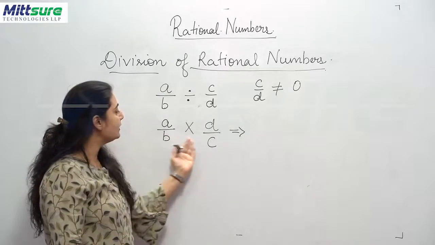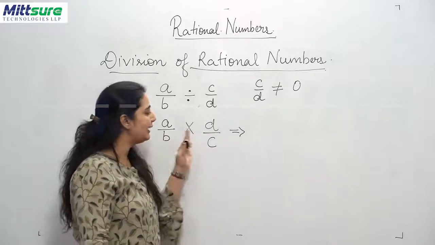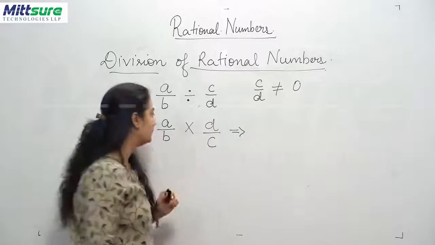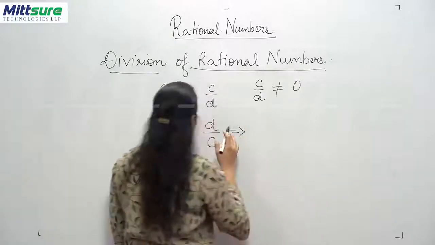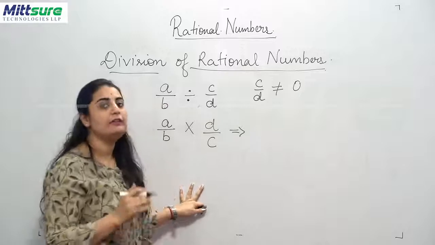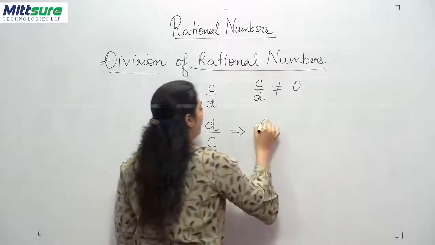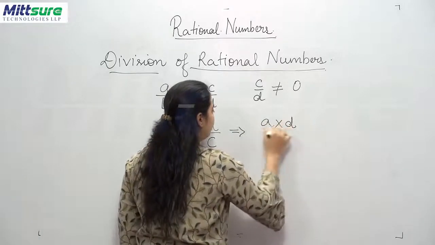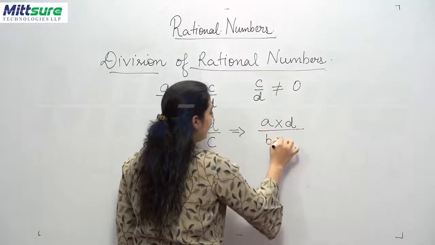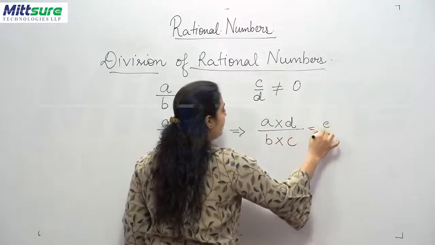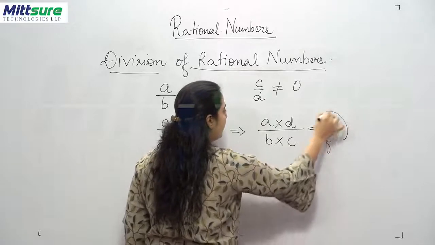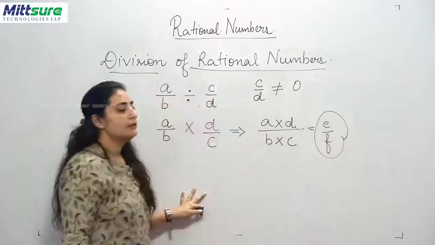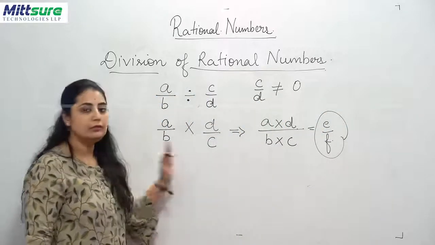After this, we multiply the two rational numbers as we have done earlier. A multiplied by d and b multiplied by c will give you e upon f, which is the result of the division of the two numbers.